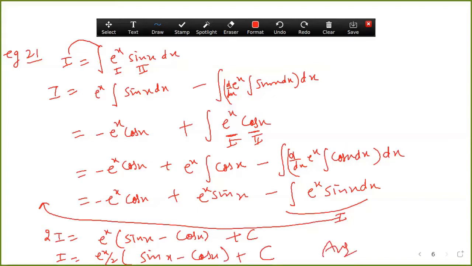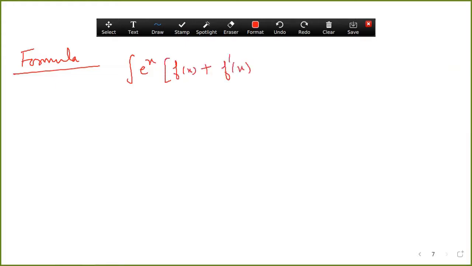Okay. Now here's the next formula which you have to learn in this exercise. That is the formula: integration of e to the power x into f of x plus f dash x dx.